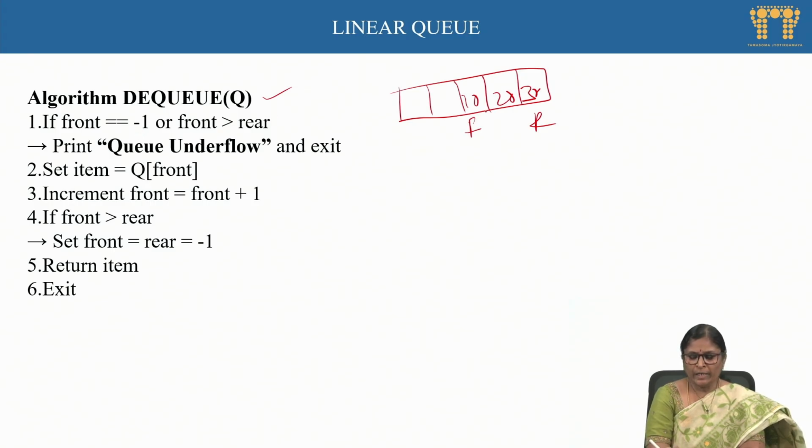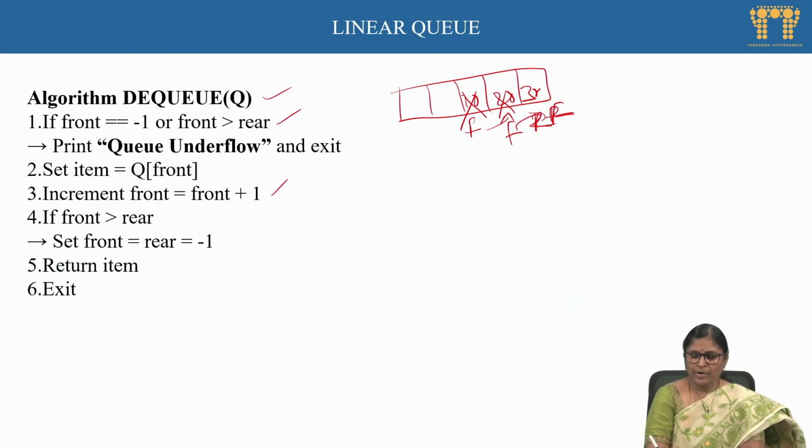So in this particular case, this is false. Then what you're going to do, first delete this one and then increment your front, means your front is equal to front plus 1. Next again, here I want to perform a deletion operation. See, first delete and then increment the front.